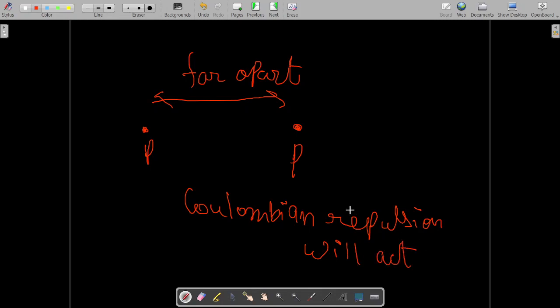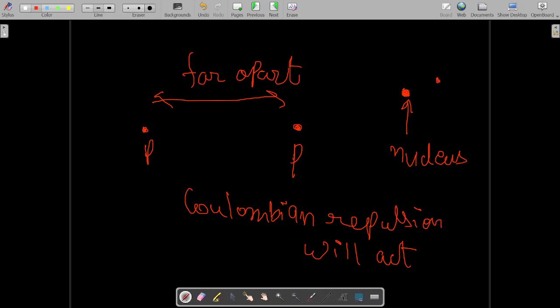But when we fill up the protons inside the nucleus, suppose this is your nucleus, and inside this nucleus protons are being filled.